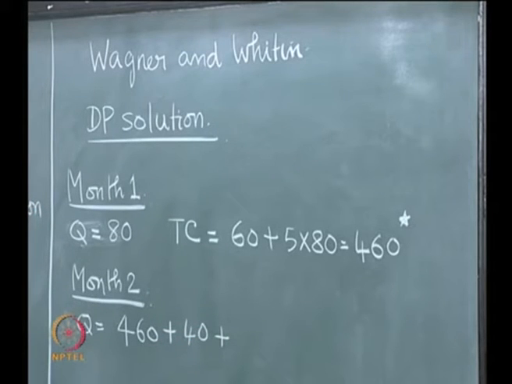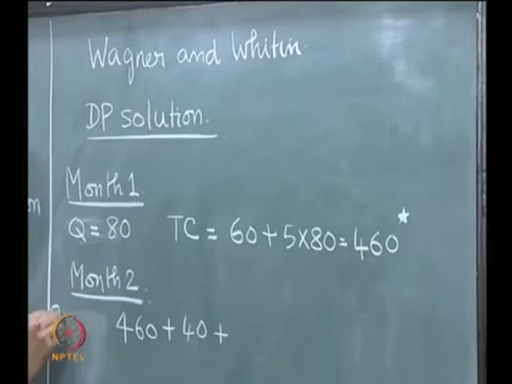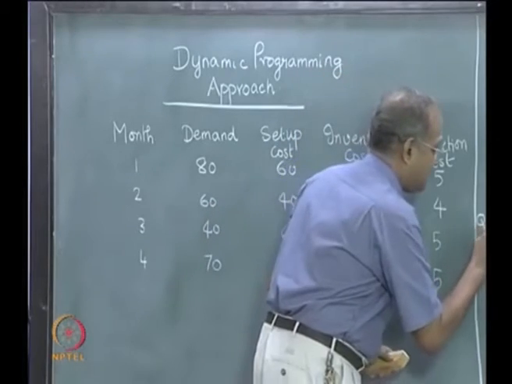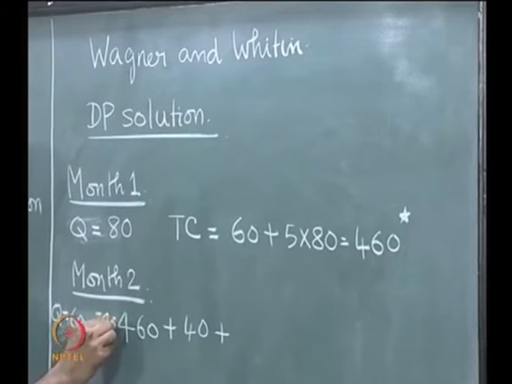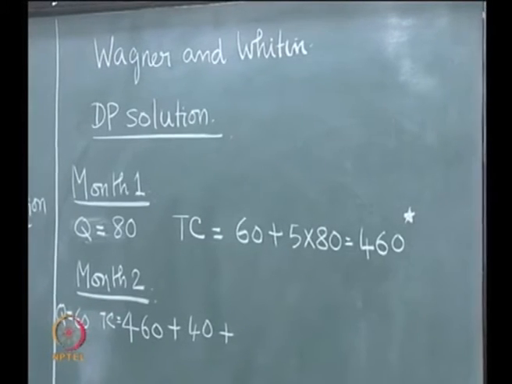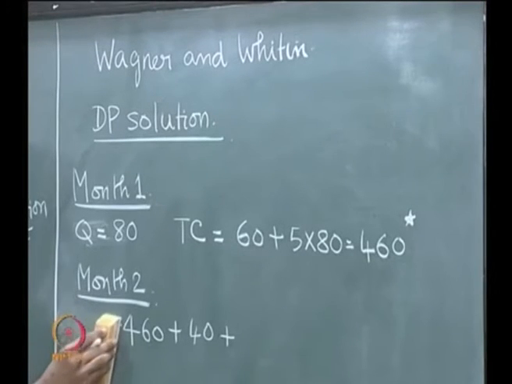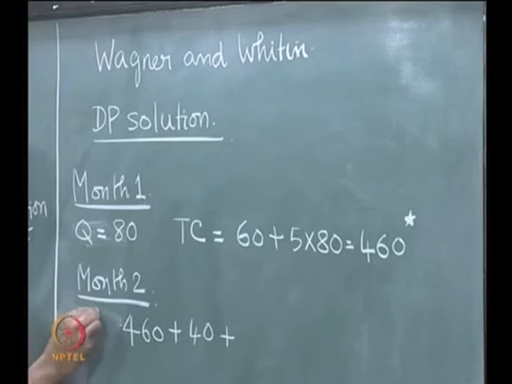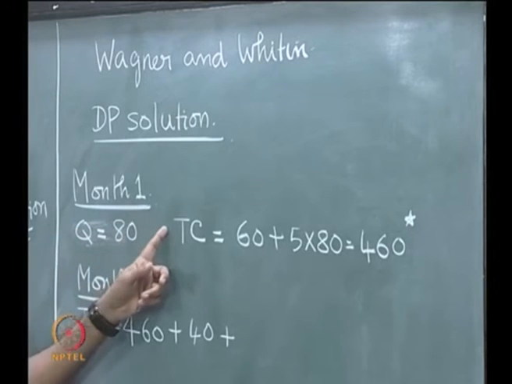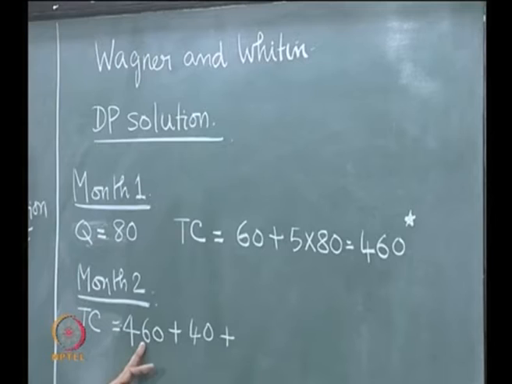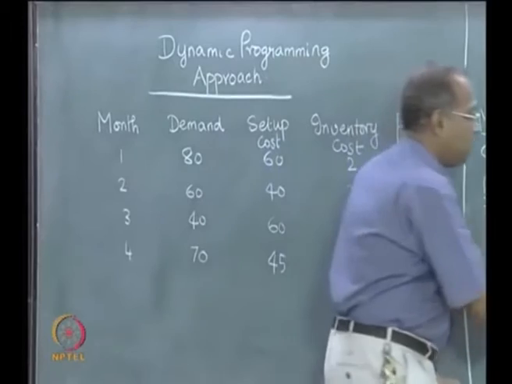plus production quantity equal to 60. We just write TC, total cost, which is the total cost of meeting the second month's demand as well as the first month's demand, 2 months' demand. It is to meet the first month's demand in the best possible way, which is 460, that comes from here, and then meet the second month's demand alone by incurring a setup cost of 40 and a production cost of 60 into 4, 240.